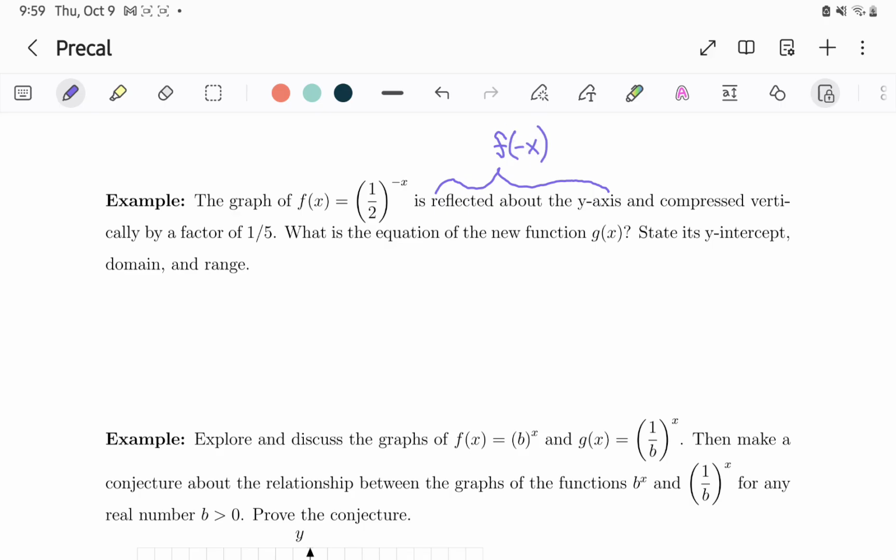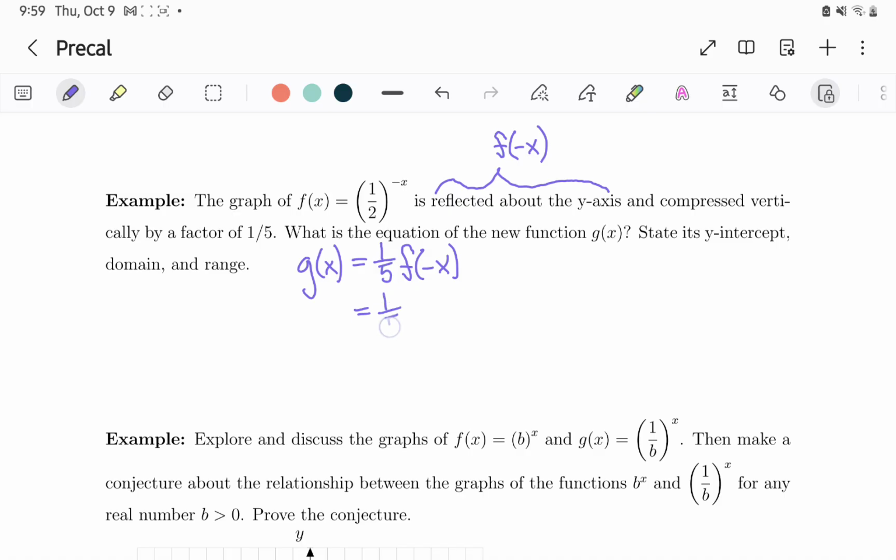Okay, and then compressed vertically by a factor of 1/5, well, this is just going to have us multiplying f of x by 1/5. So in other words, we can say that g of x is equal to 1/5 times f of minus x. And then now let's substitute in the rule of assignment for f to come up with our equation for g of x.